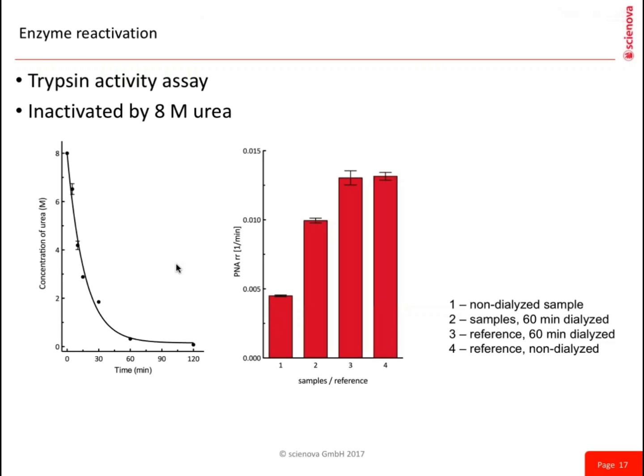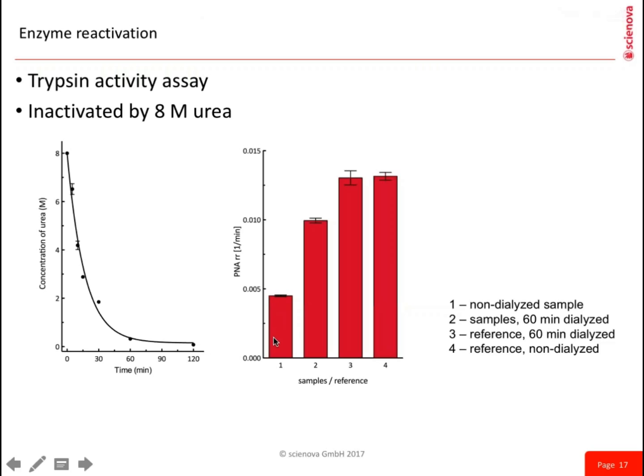So in this example we show the activity of trypsin, and on the left side you can see the concentration of urea, and you see how the urea is removed from the sample during dialysis. It's a very fast process, and you have nearly complete removal of urea within 2 hours.